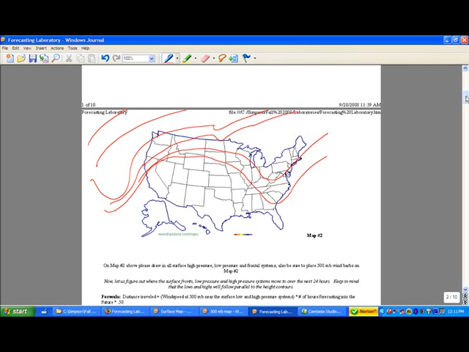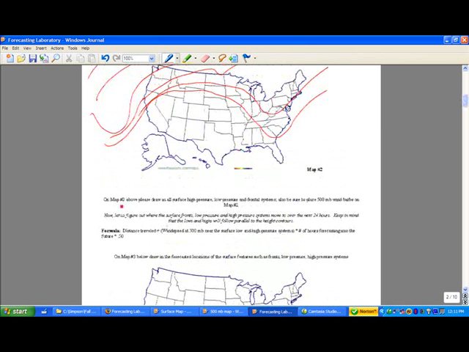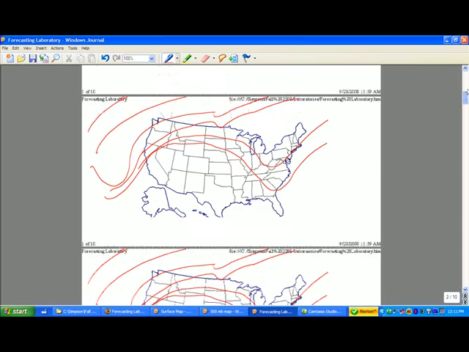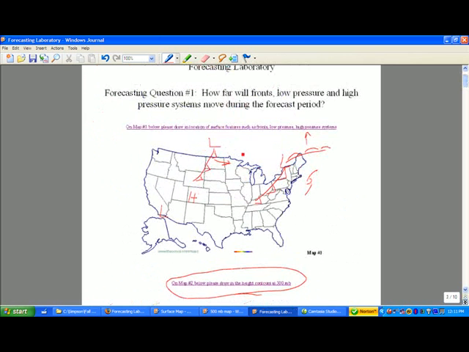Now, why am I even bothering to draw these? Because on this map 2 here, it says on map number 2 above, draw all surface high pressure, low pressure, and frontal systems and the 500 millibar wind barbs.